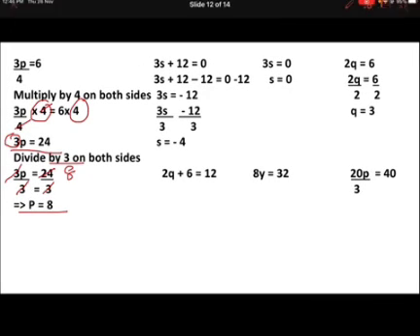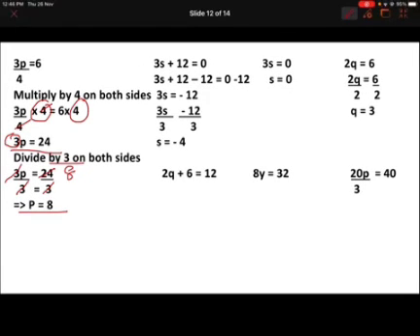You have few more examples here. You can see and solve. Here I have solved these. Check it out. Here these also you can solve by elimination method. How do you do that? 2q plus 6 minus 6 equals 12 minus 6.